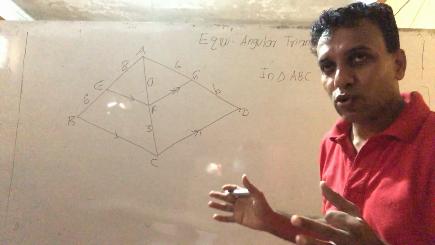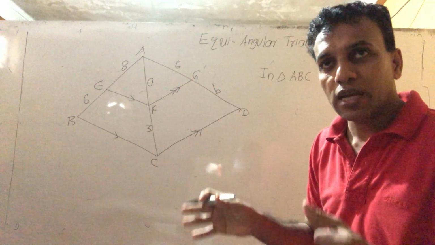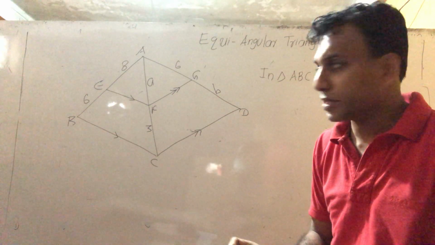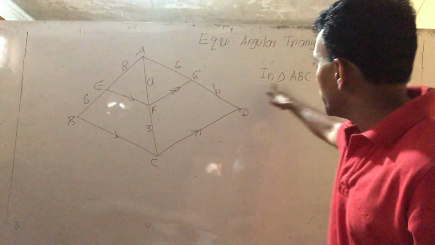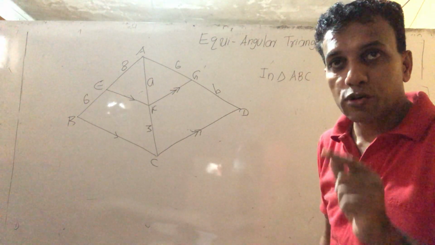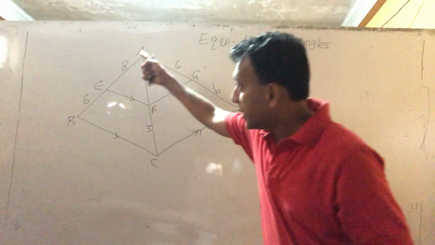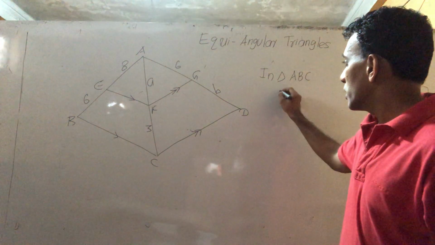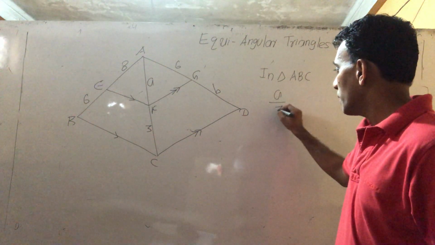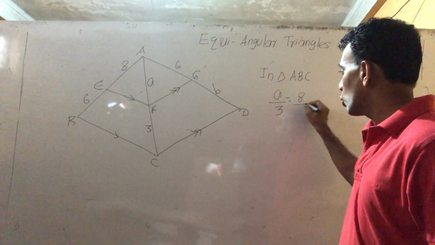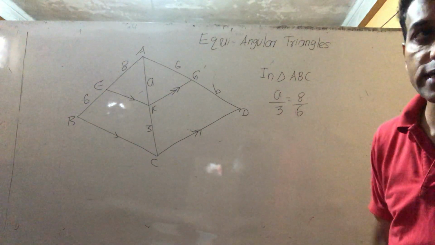So it's a calculation. We don't write more steps here. Go straight to the ratio part. See triangle ABC only. I always say start from the unknown part. A over 3 equals 8 over 6. Then find the answer.